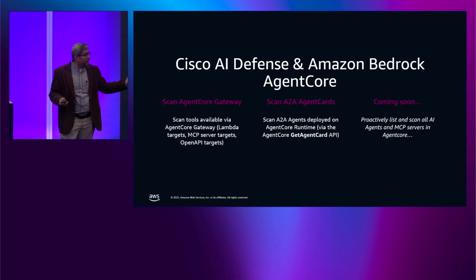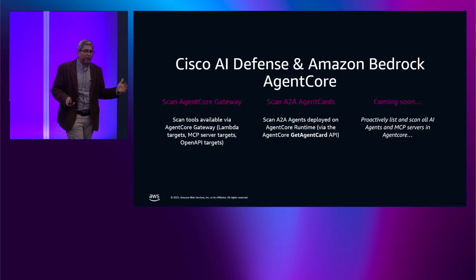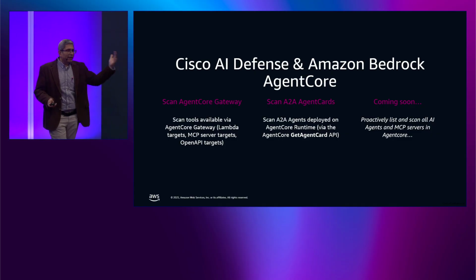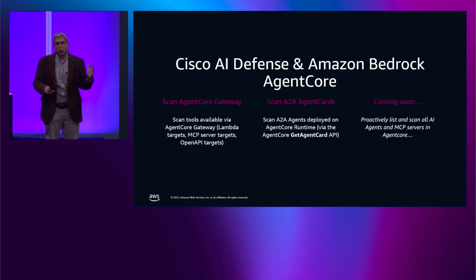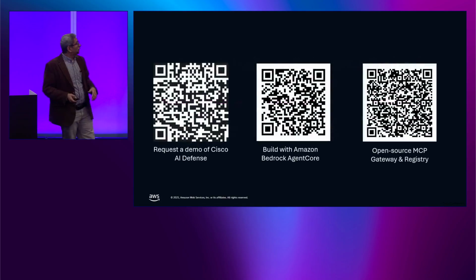And there is a third integration that we are working on wherein the AI Defense product would do a list call to scan all the MCP servers deployed as AgentCore gateways in your AWS account, or all the A2A agents deployed in your AWS account, get their agent cards and proactively scan them. So both types of integrations are available with Amazon Bedrock AgentCore.